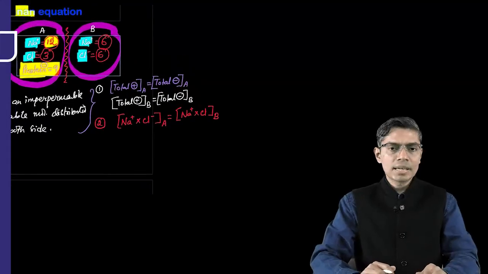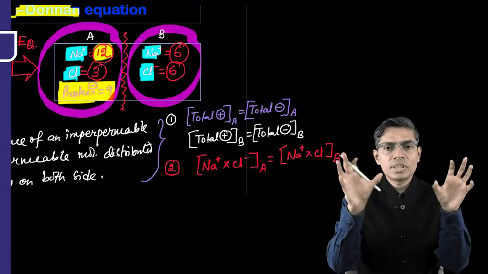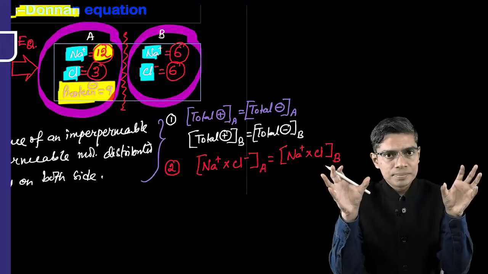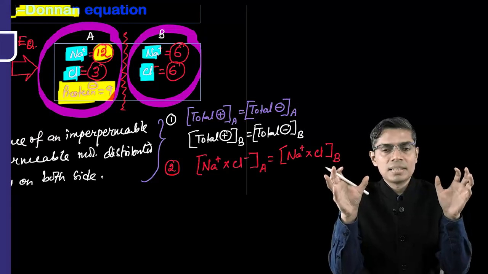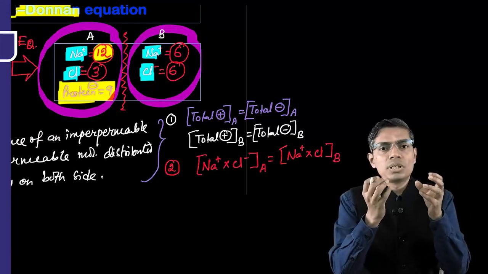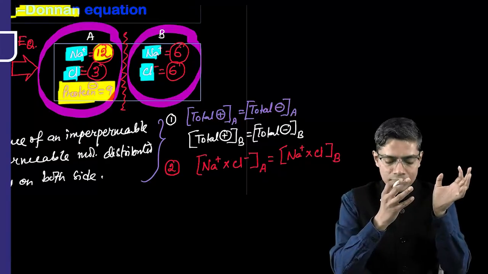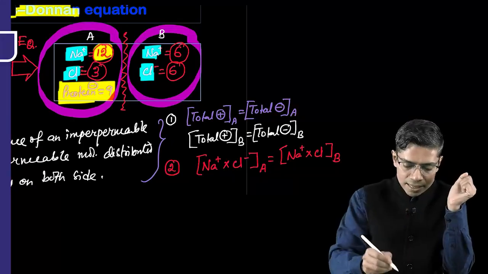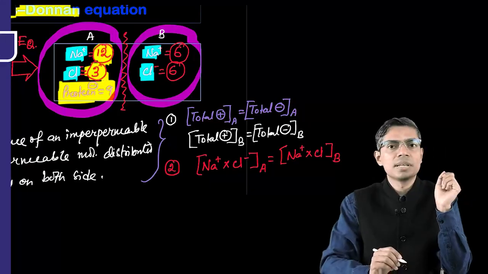So now I can understand that due to this equilibrium, both sides are electroneutral. The total amount of positive and negative is equal. But if I count the total number of ions on one side, inside A, the total number of ions is very, very high, 12 plus 3 plus 9.